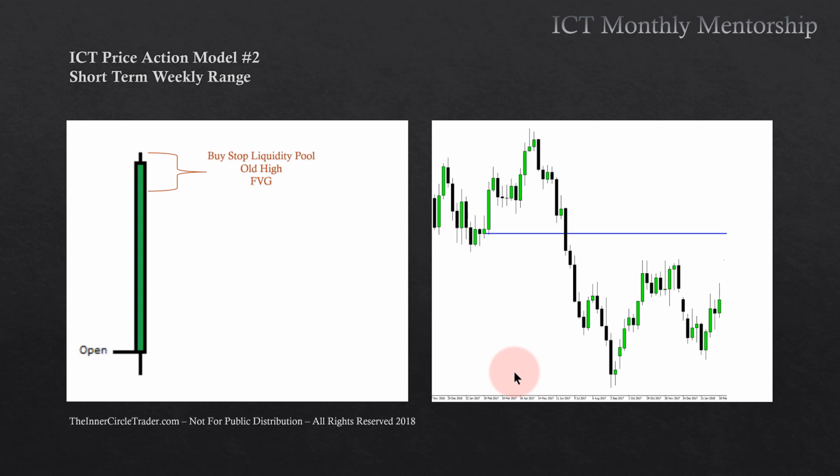So assuming that we're watching over here on the right hand side, say this was our objective, we were looking for this to be traded back up into, but what happens when price trades up to that level?